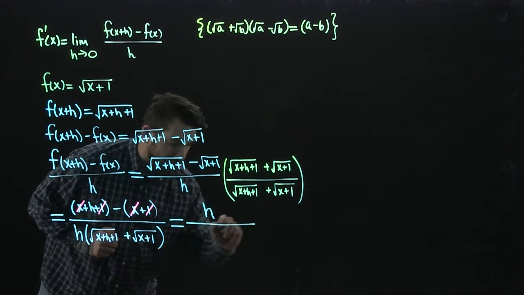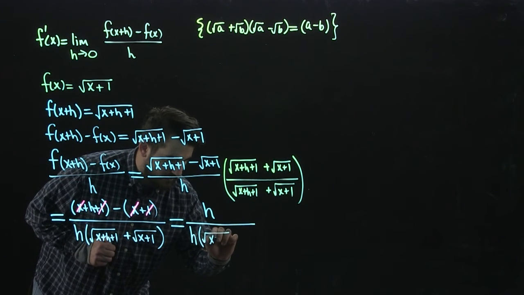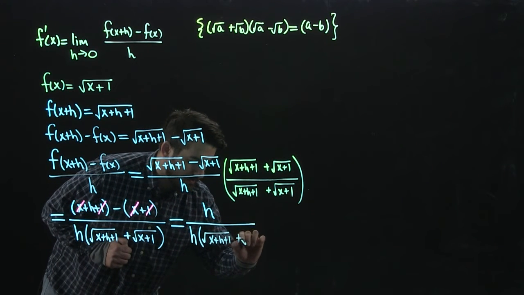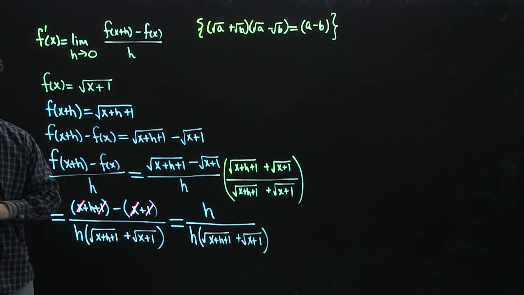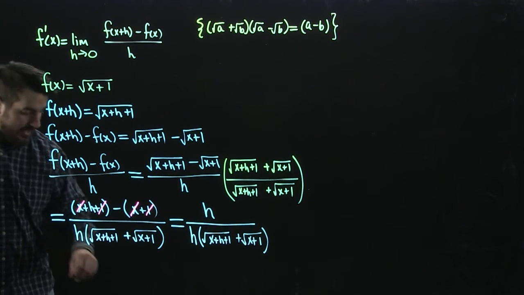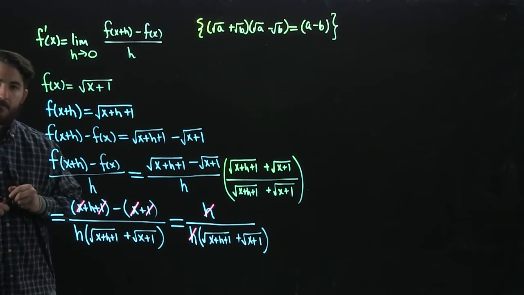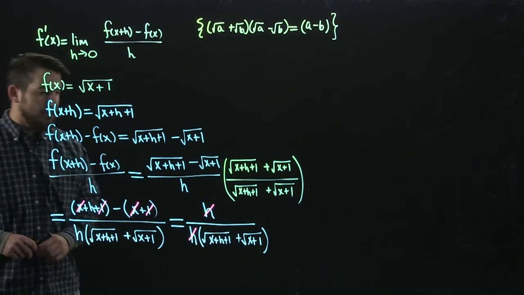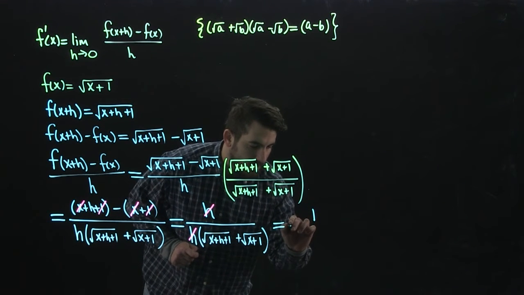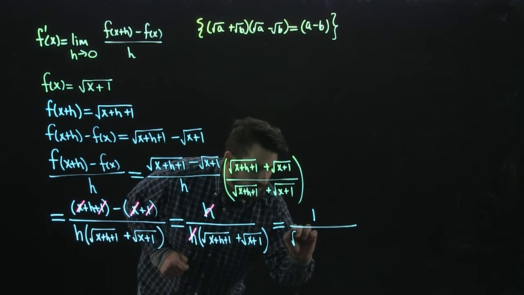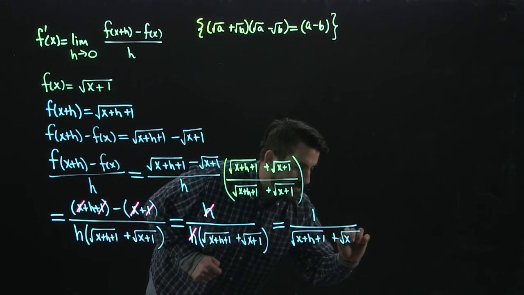And then divided by h times the square root of x plus h plus 1 plus the square root of x plus 1. And then what we see here is that the h's cancel. So I'm going to cancel the h's. And I am left with 1 over the square root of x plus h plus 1 plus the square root of x plus 1.